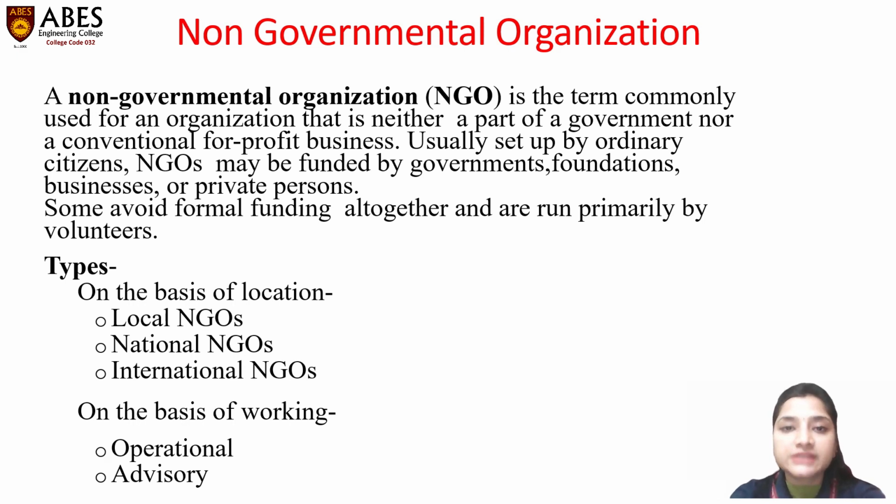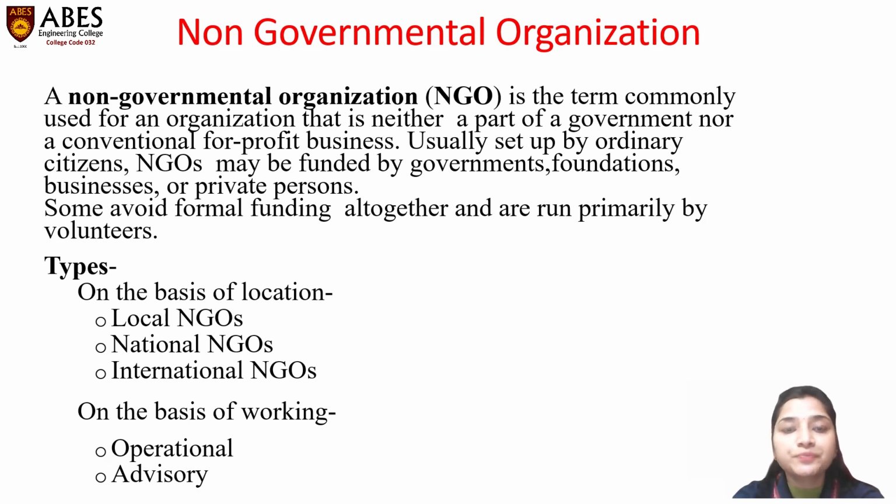Now, if we talk about the second category, that is on the basis of working. If we see the working pattern of NGOs, one could be the operational NGO and the other could be the advisory NGO.